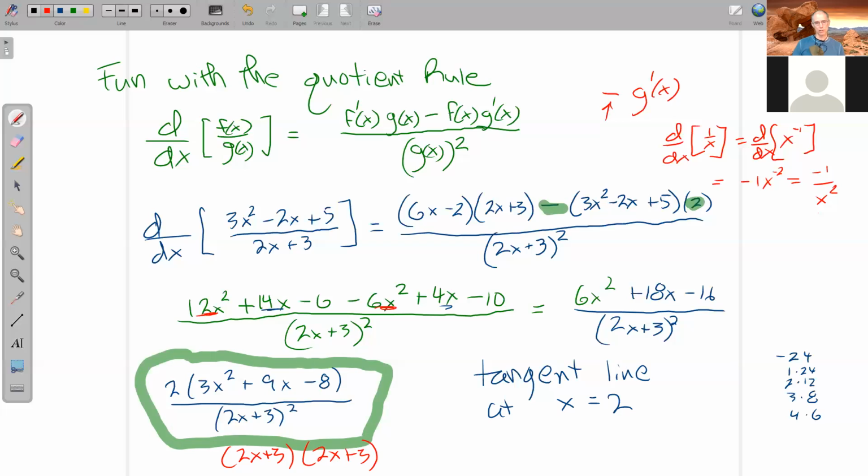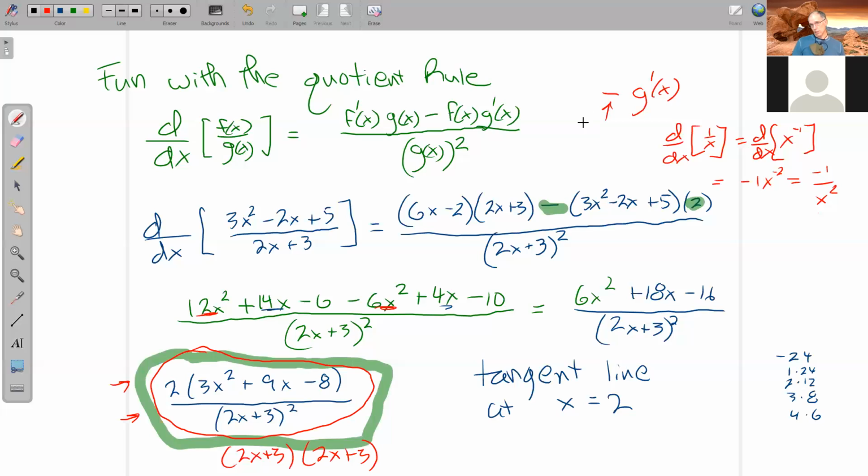And do not distribute that. It's a total waste of time. Right now I can see the factors. The numerator factors as 2 times this trinomial, and the denominator is already factored as 2x plus 3 times 2x plus 3. I can clearly see nothing cancels. That is the best answer right there.